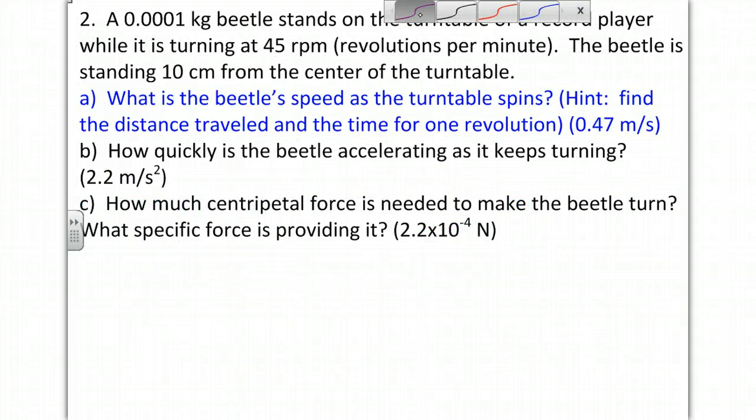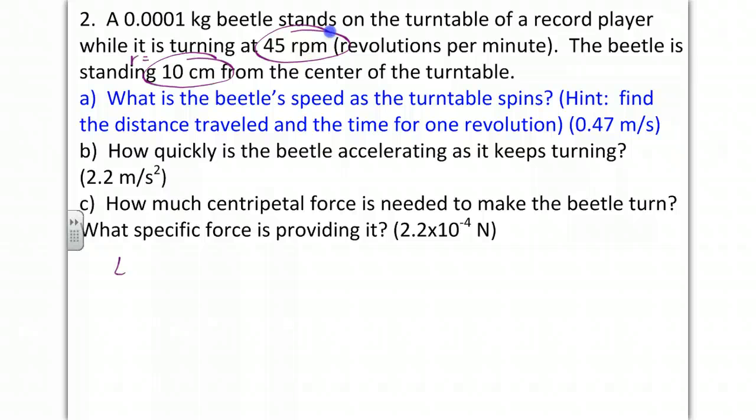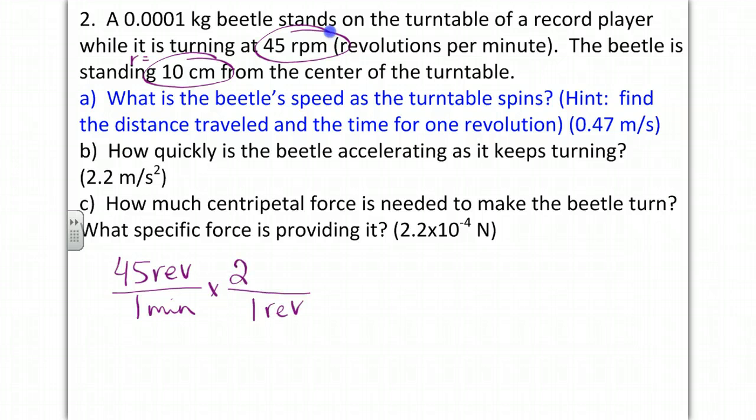Number 2, part A, determine the beetle speed on the turntable. And we're going to use the 45 revolutions per minute and the 10 centimeters, which is our radius, to figure this out. We're going to put 45 revolutions per 1 minute. We're going to start by bringing down revolutions, and for every 1 revolution, it's 2 pi times r.